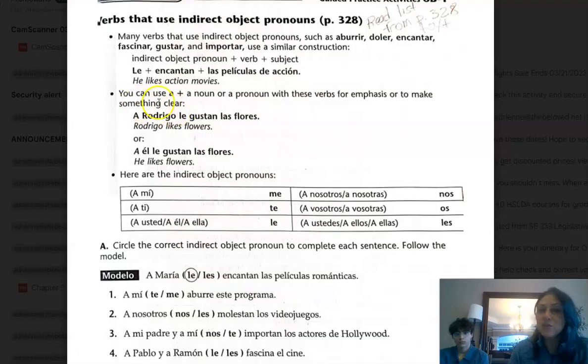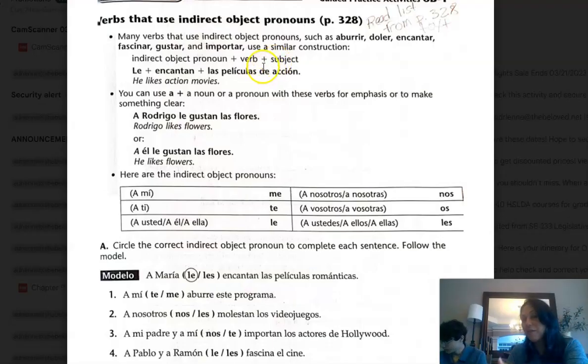So now you can use a plus a noun or a pronoun with these verbs to emphasize and give clarity. Here's an example. A Rodrigo le gustan las flores. So notice, what's the subject in that sentence, Luke? Las flores. Remember this little formula. Indirect object pronoun plus verb plus subject.